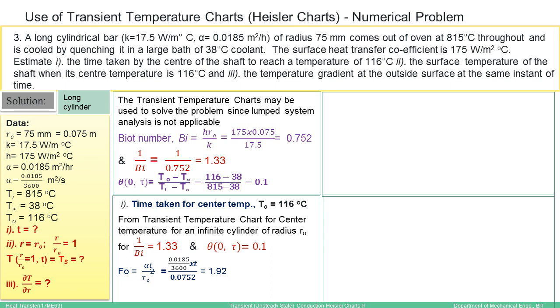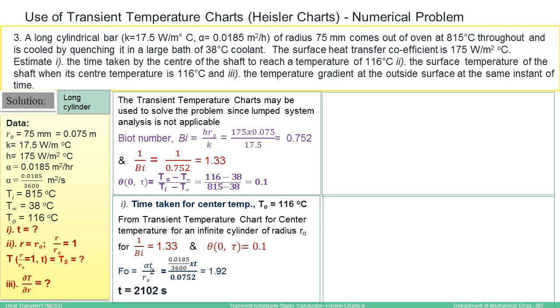From the definition, Fourier number is alpha t divided by R naught square. Since alpha and R naught are given, we can find the time taken, that is equal to 2102 seconds. This is the time taken to reach a center temperature of 116 degree Celsius.